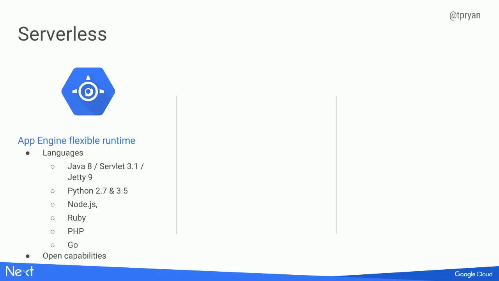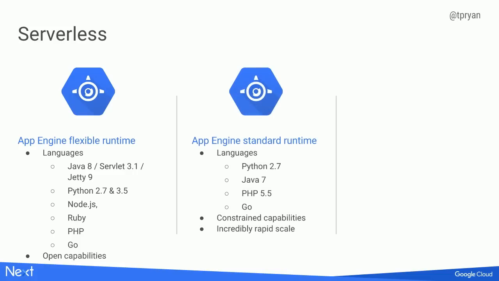The big differentiator here is that under the covers, like I said, it is Docker, so you can add extra things to our Dockerfile. You can add extra software, add extra configuration, and really open up the capabilities of your application. As opposed to App Engine standard runtime, which is much more locked down in terms of what languages you can use: Python 2.7, Java 7, PHP 5.5, Go 1.6 or 1.8.